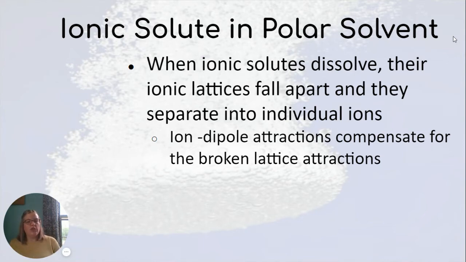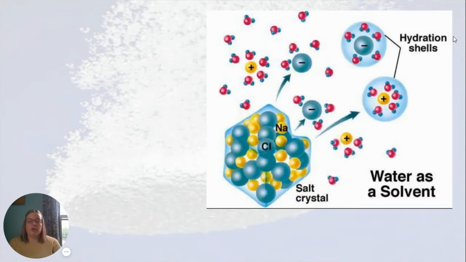It's called a hydration shell. So the water surrounds that, and when enough waters surround that ion, then it dislodges it from the lattice and pulls it apart. And that attraction is called an ion to dipole attraction.